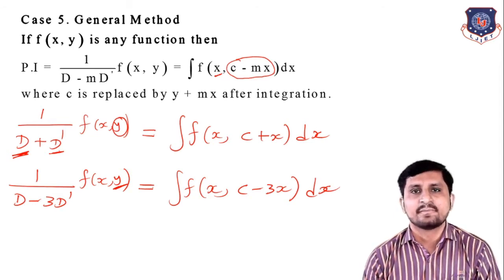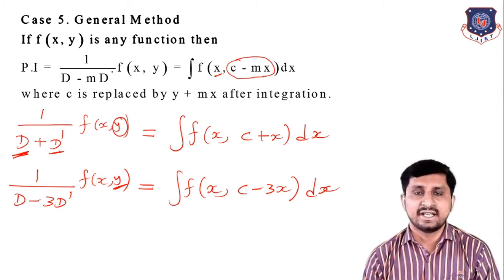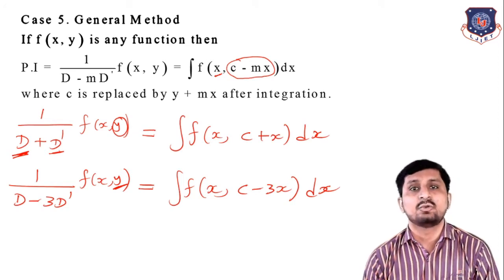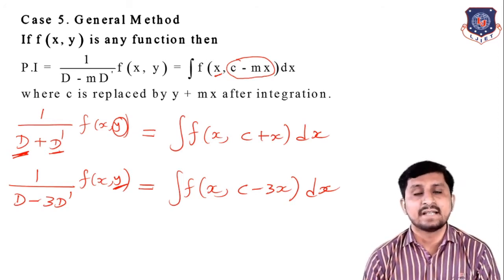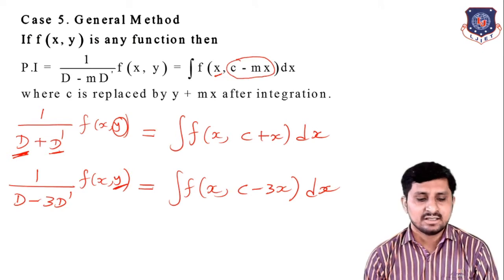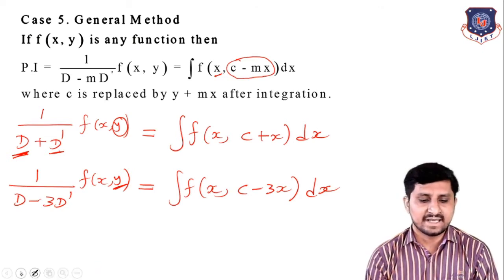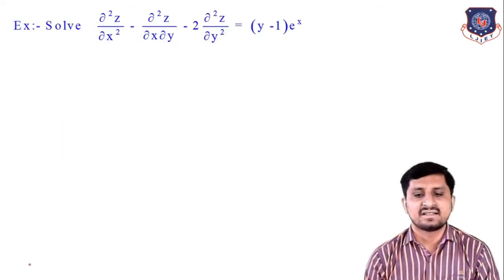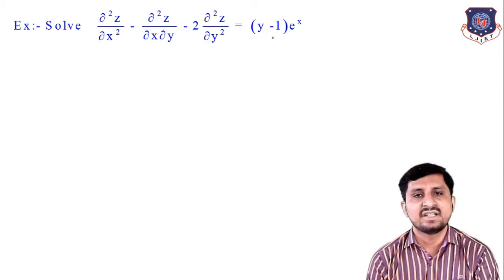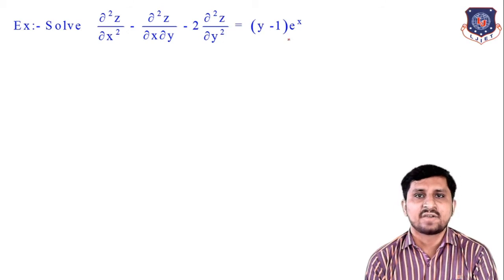But suppose you cannot apply case 1 to case 4. In that case you definitely have to apply case 5. Let's solve one example so you can understand. See, the right hand side function is y minus 1 into e raised to x. Now can you apply any case from 1 to 4?